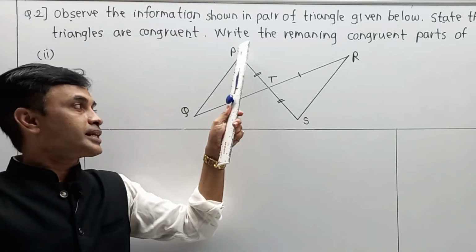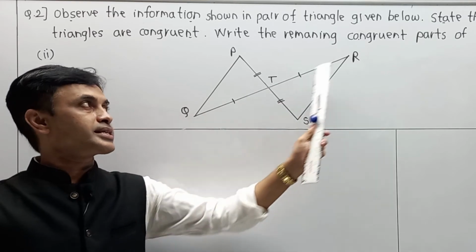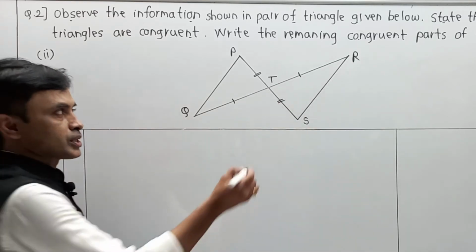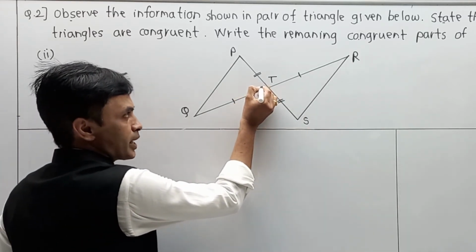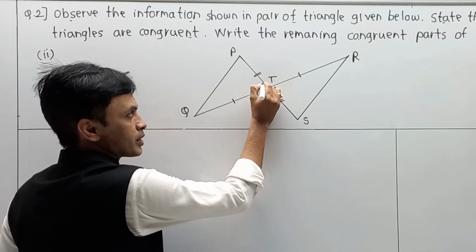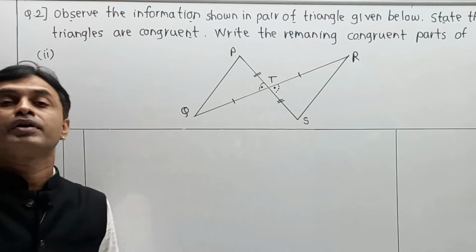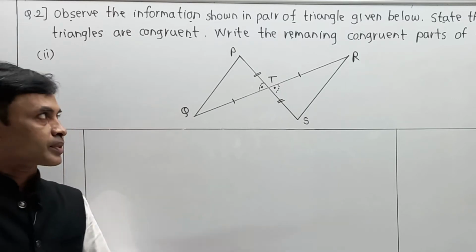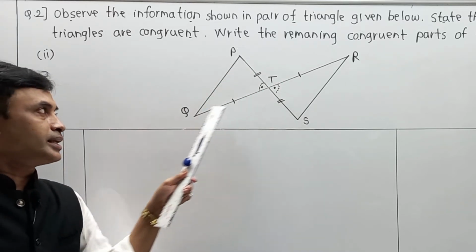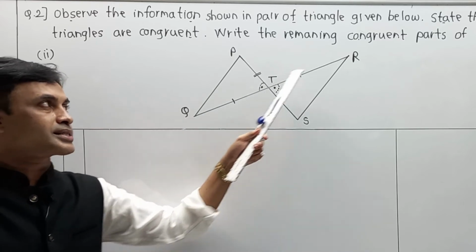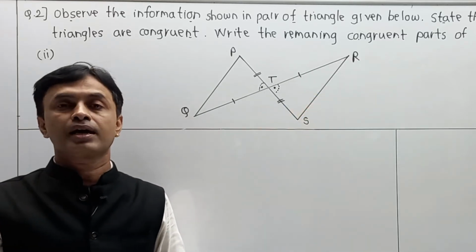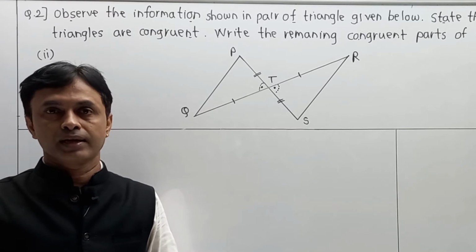But you can say that there is a segment PS and a segment QR, by which two angles get formed, one angle over here, the second angle over here. And naturally these two angles are congruent because these are nothing but vertically opposite angles. Meaning you can say that angle PTQ is congruent to angle STR because these are vertically opposite angles.